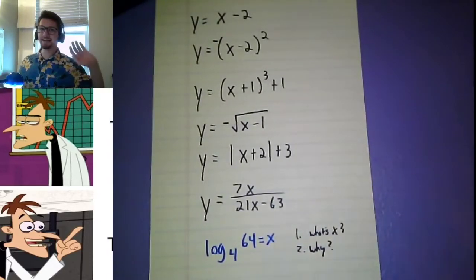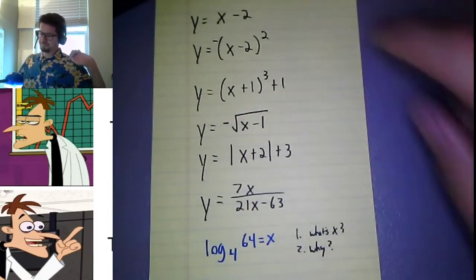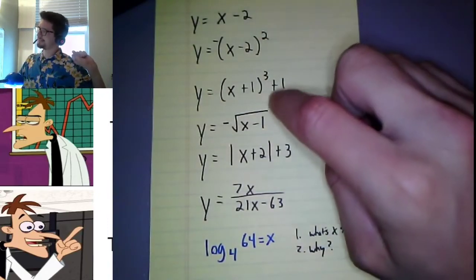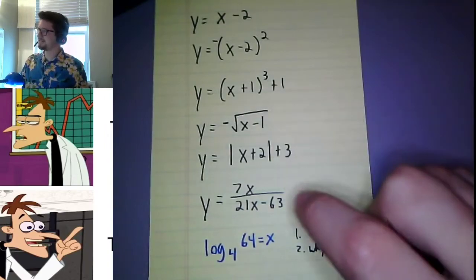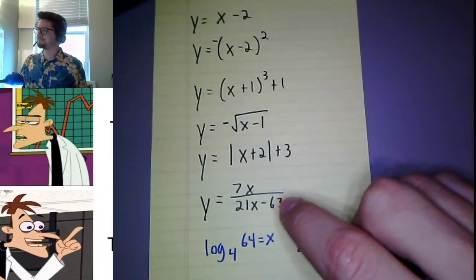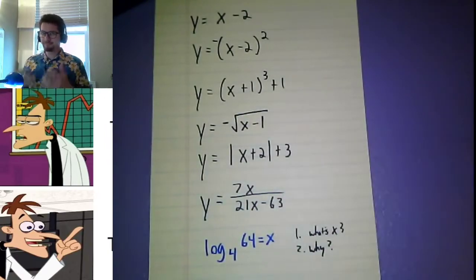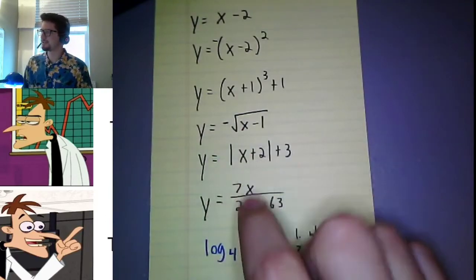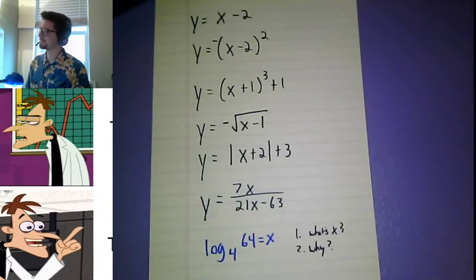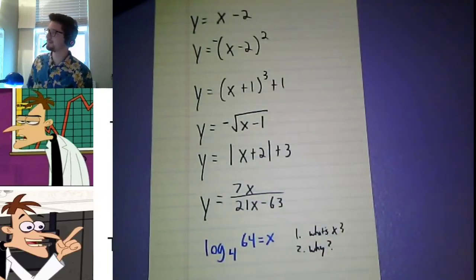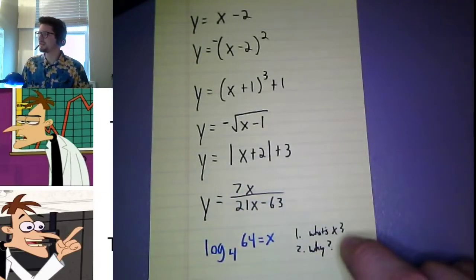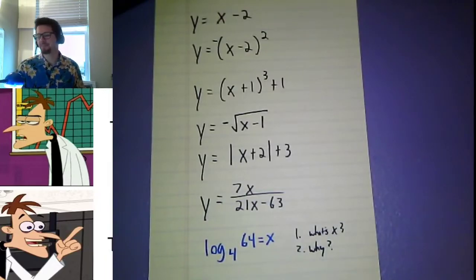I want you to do exactly what I just did. A linear, a quadratic, a cubic, a square root, an absolute value, a rational, and vertical asymptote, horizontal asymptote. That's what I'm looking for. And one log problem explaining to me what is your x and y.